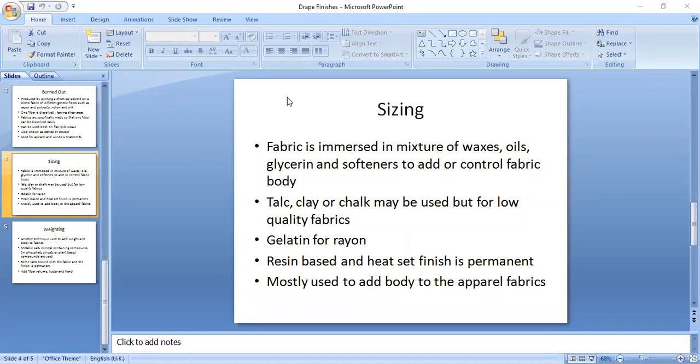Of course, when in use, it will affect the performance characteristics. Gelatin, for example, may create water spots on rayon that are difficult to remove if condensation or other water drops onto the fabric. Sizing is most often used to add body and volume to apparel fabrics.